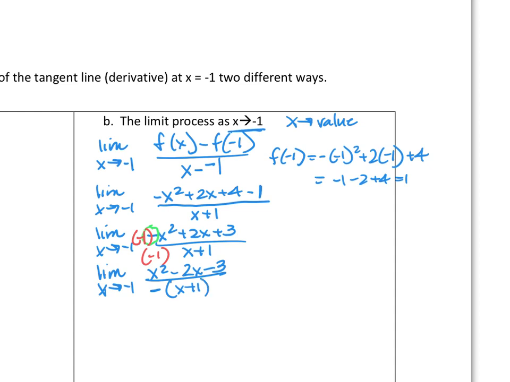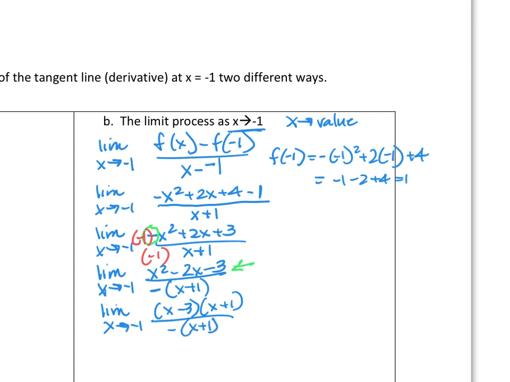What we do next is factor this. And so, if you can recall, x squared minus 2x minus 3 gives us x minus 3, x plus 1, all over that negative x plus 1.